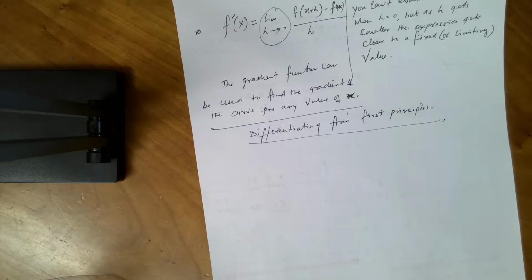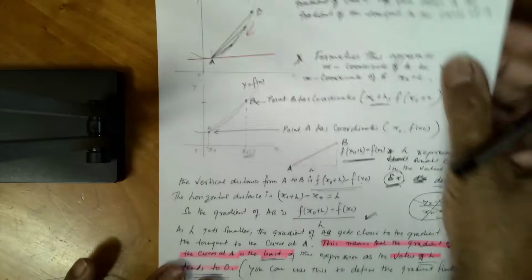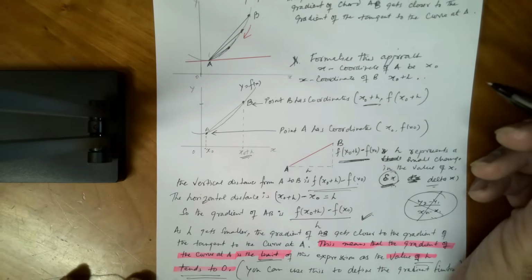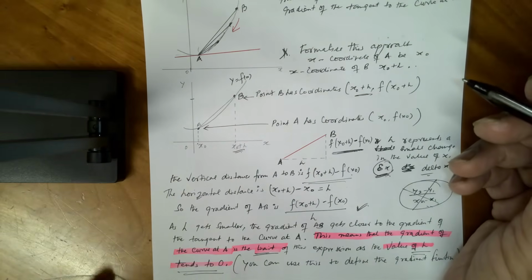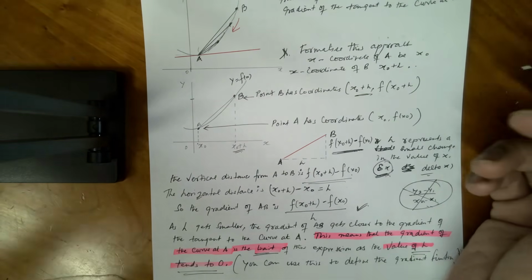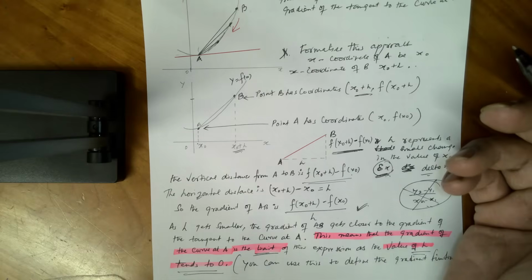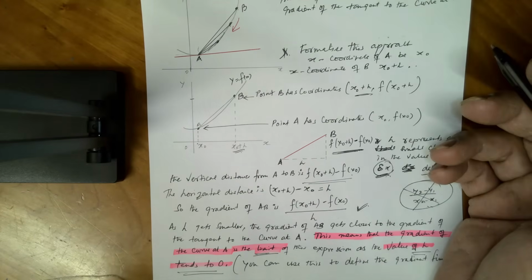I could have gone straight to differentiation and just said this is the formula and this is how we do it. But I wanted you to really understand the reason for differentiation, why we are doing it, and where it is possible to just find the gradient.